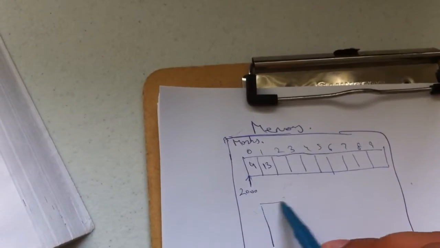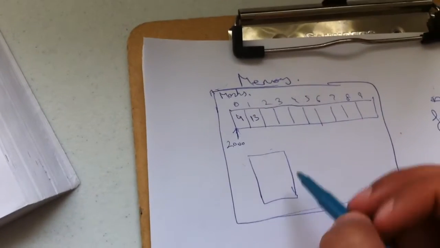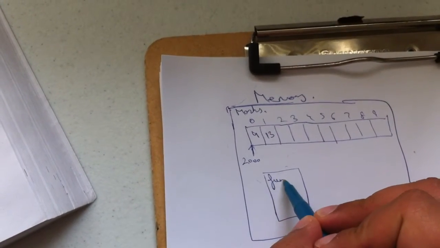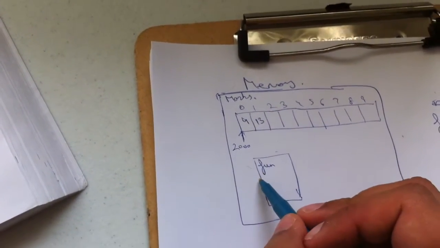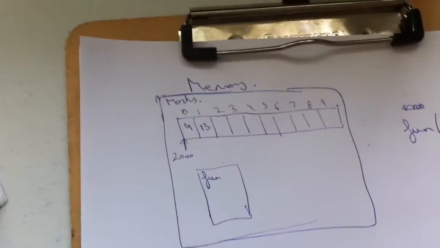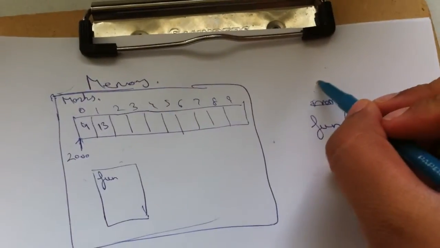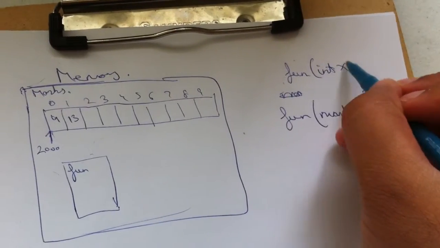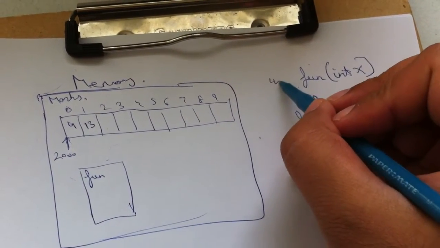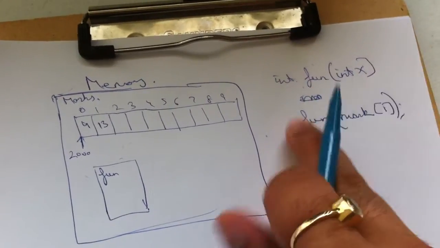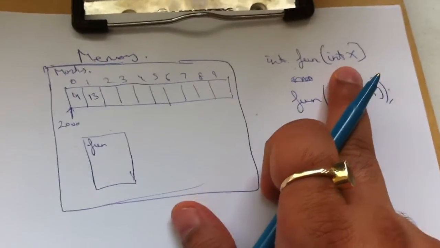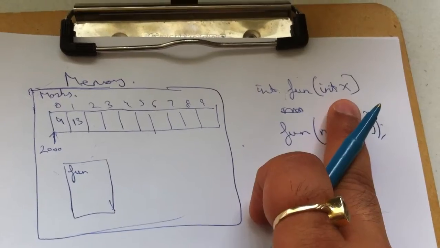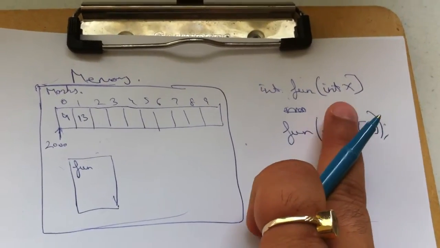You remember, for each function a separate memory is allocated. So let's say this function is called as fun(mark 1), and the declaration of fun takes an int x. So this is the formal argument. Whatever value is passed will be saved in x.